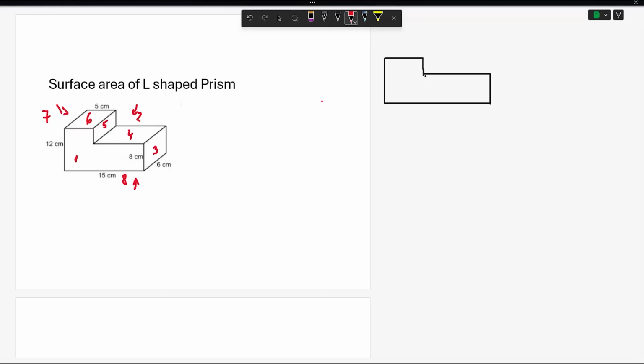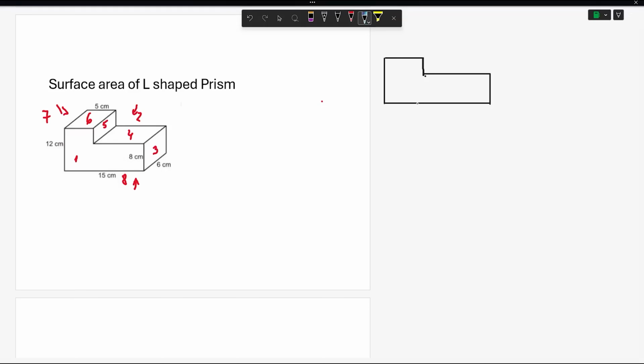So I need to find all 8 sides first, and after that to plus it, and I will find my surface area. What I'm doing first, I'm making a copy of my side 1, which I created over here. So this is my side 1, and I'm just adding the measurement which I have.